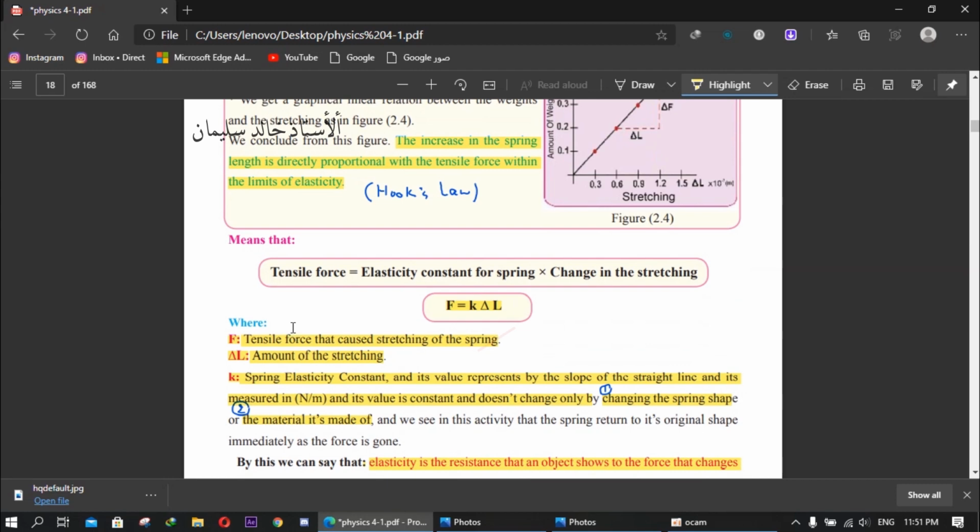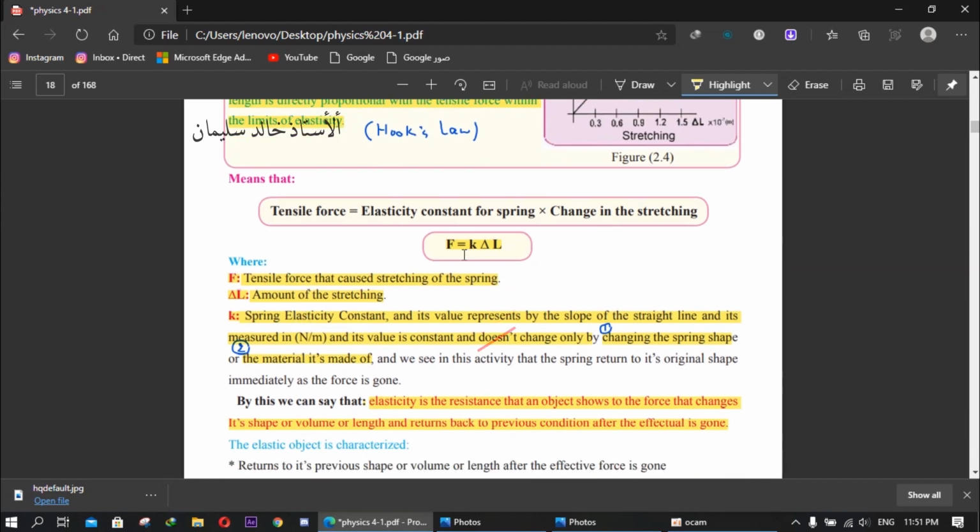This means that F is directly proportional to delta L. So F equals K delta L. K is the proportionality constant, which is the spring elasticity constant. F is the tensile force causing the stretching of the spring.